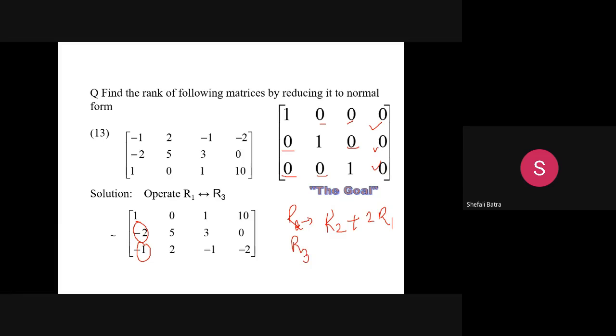Similarly, R3 becomes R3 plus R1. For making this 0, you can add the entries of R1. After applying these two operations, you are getting this: this 0, this 0.